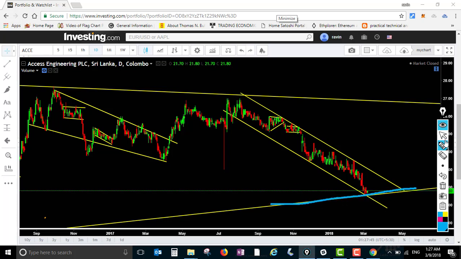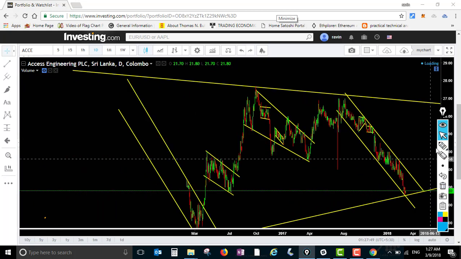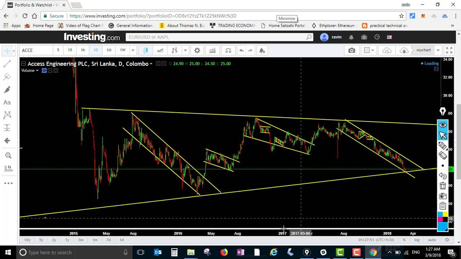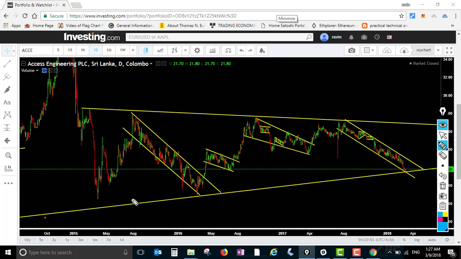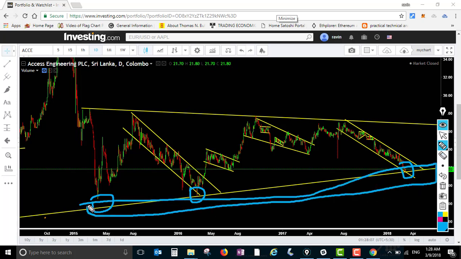Why am I telling you it is a reversal point? Because it has proven several times that the price has reversed when it is near this channel or trend line. So we are expecting the price can reverse in this particular area, but we don't know when it will happen.